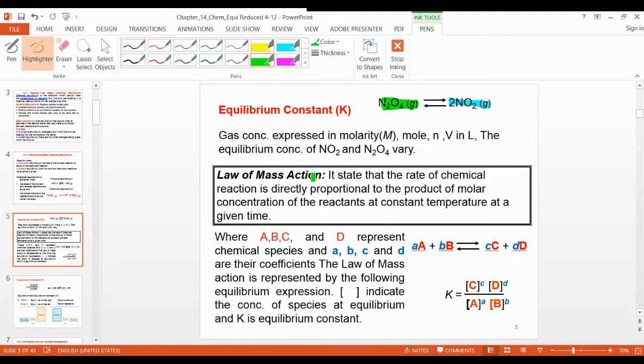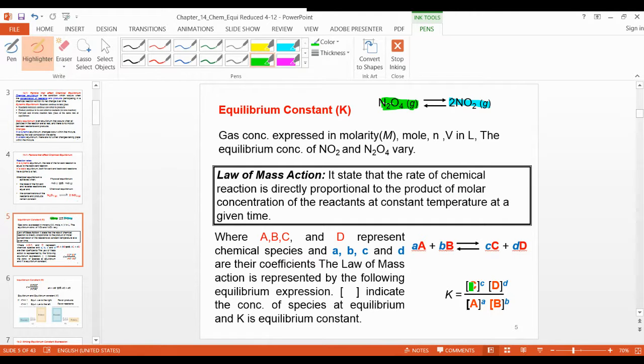What the law of mass action is saying is that the rate of chemical reaction is directly proportional to the product of the molar concentration of the reactant at constant temperature at a given time. Because the reactant starts changing to the product, that's why.